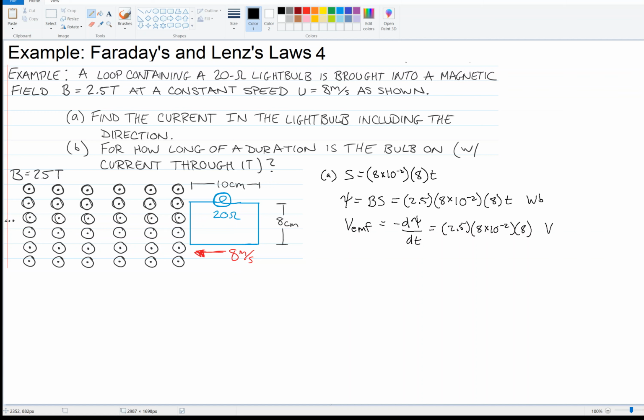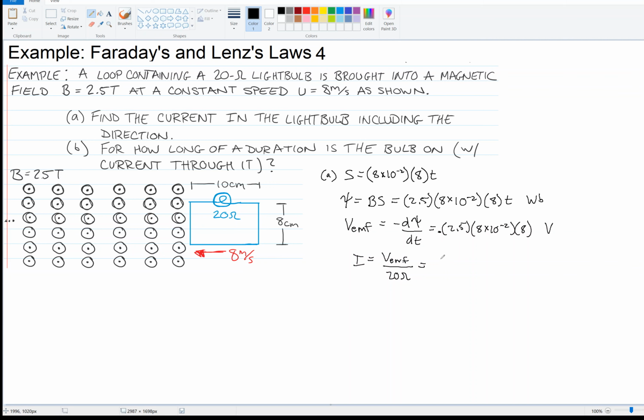And so certainly we can calculate that if we want, but what we really want in part A is the current. And so the current then is just going to be the EMF that's induced divided by the 20 ohms of the light bulb, right? So now I dropped a negative here, by the way.